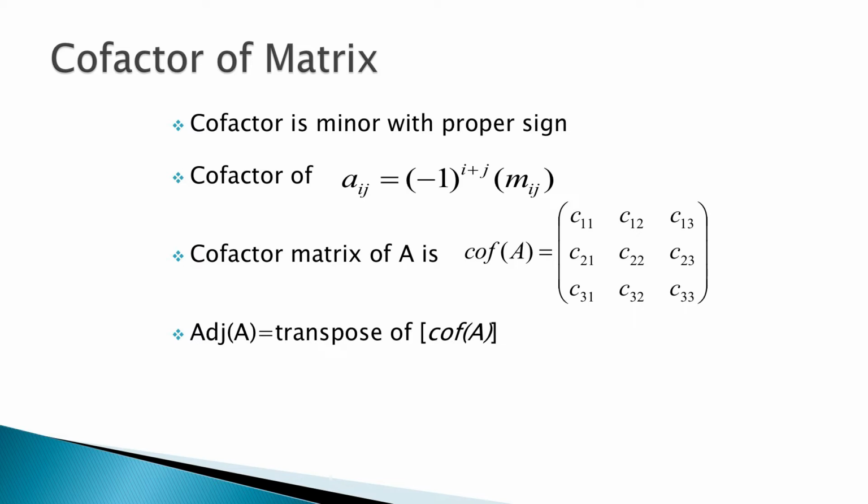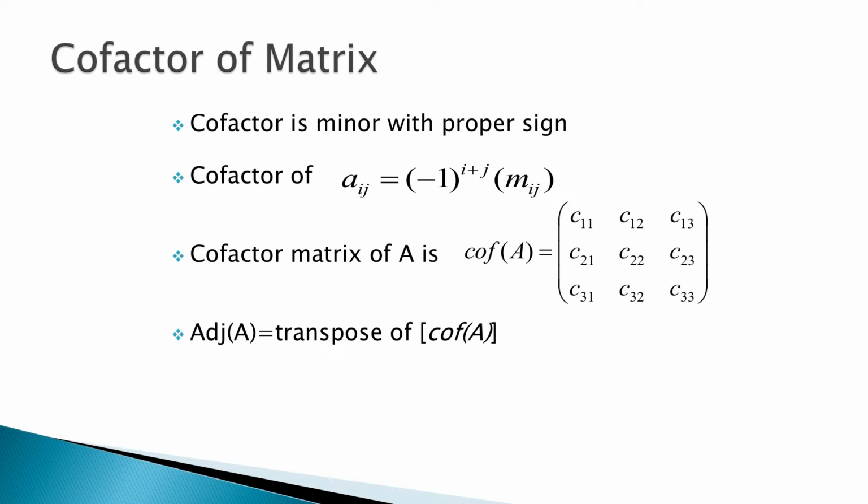We know that the sign pattern of a third order determinant becomes plus, minus, plus, minus, plus, minus, plus, minus, plus. Hence, the cofactor of Aij is nothing but the minor Mij with proper sign. The sign of Aij becomes (-1) to the power i plus j.